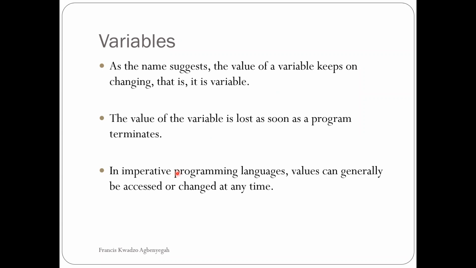So you write a program that if the total attendance is, let's say, 45 out of 50, then add +1 to the total score for the student. In this case, you as the programmer can access or change the content of the variable at any given time. That is the third point: in imperative programming languages, values can generally be accessed or changed at any time.